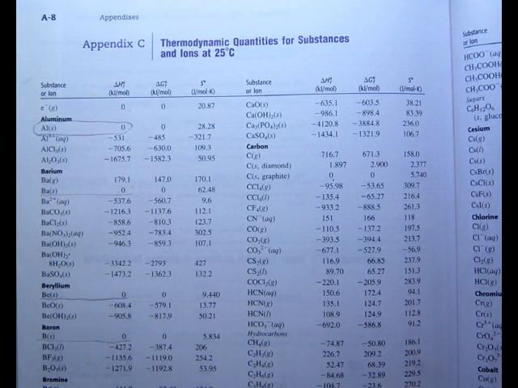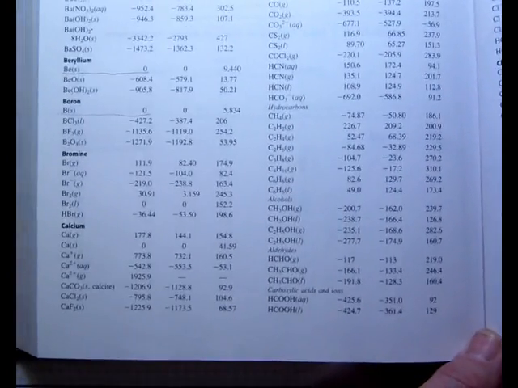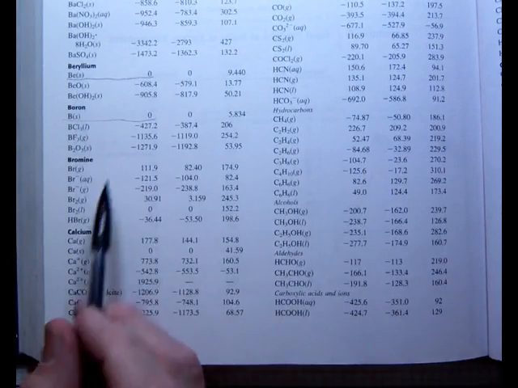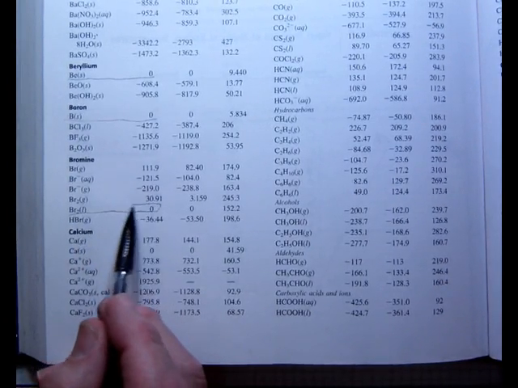Now here's a very important note. All and only elements, not all elements, but only elements have 0 standard states. Now you have different forms of a given element. If you look at bromine down here, for example, only 1 is a standard state form.